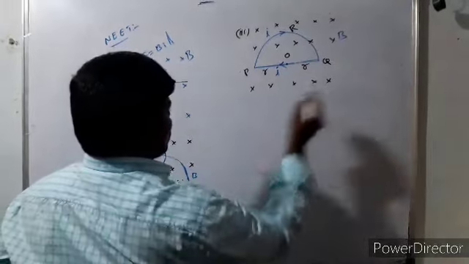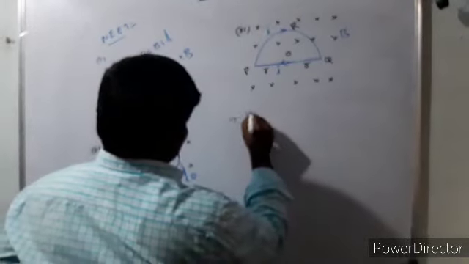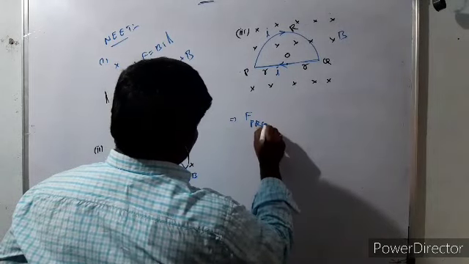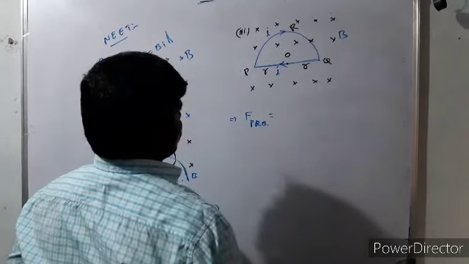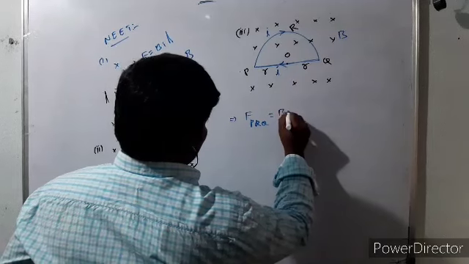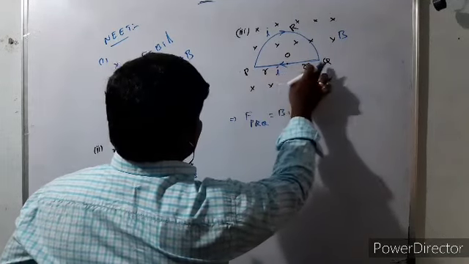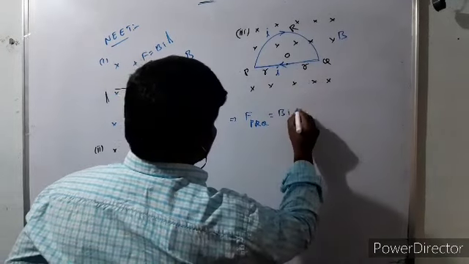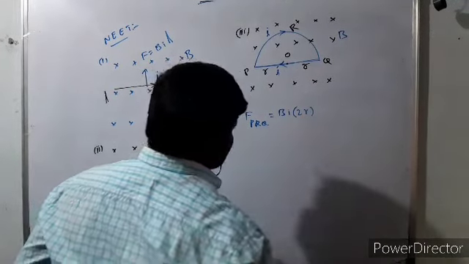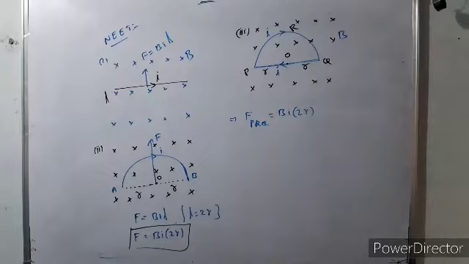Now, the force on the PRQ conductor. I am writing it as B I times the shortest distance between P and Q points. What is that? 2R.